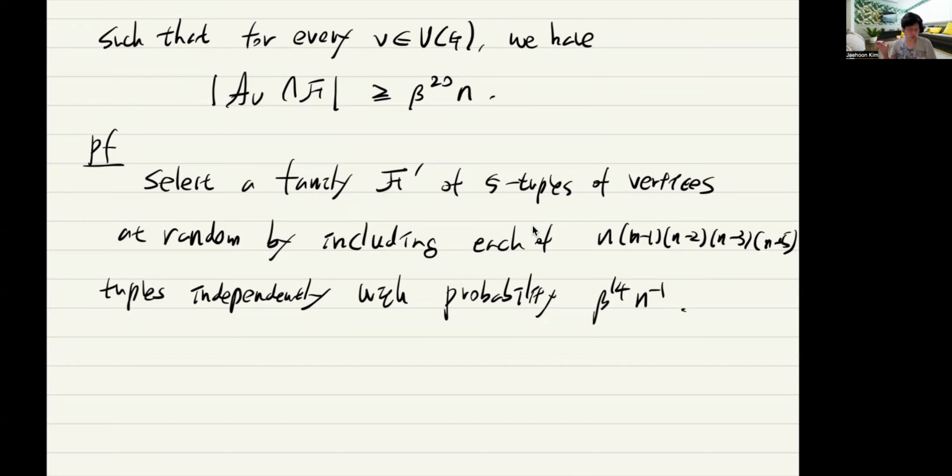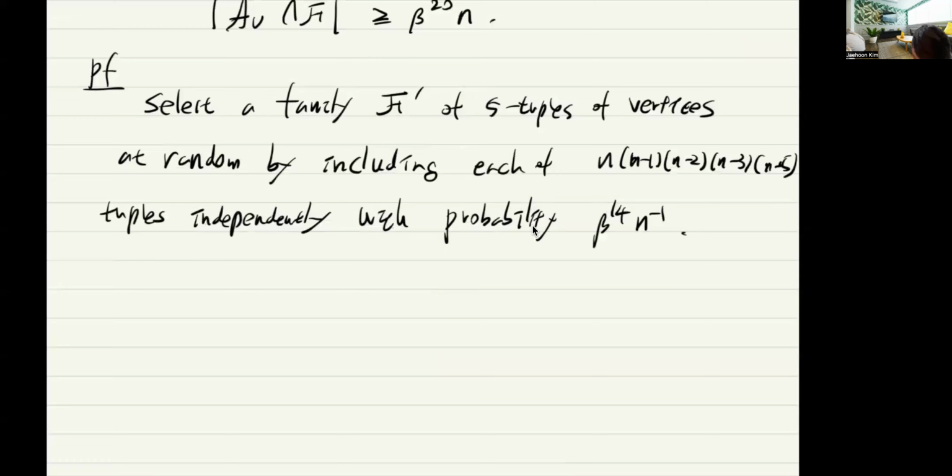So any 5-tuple of distinct vertices, you randomly choose.